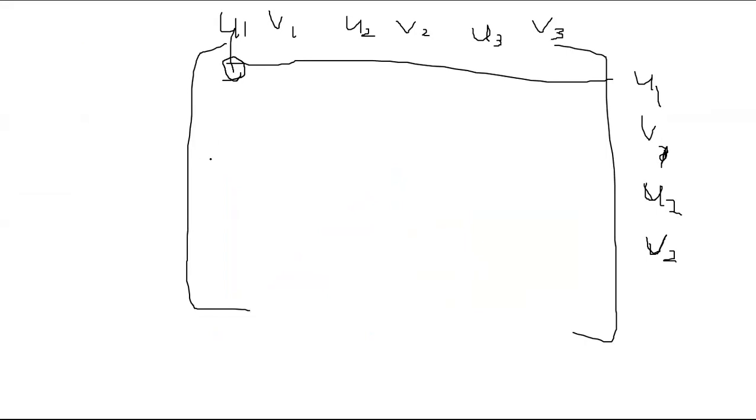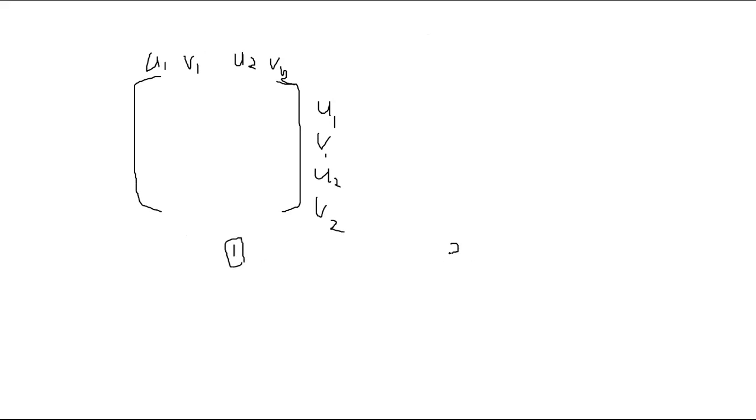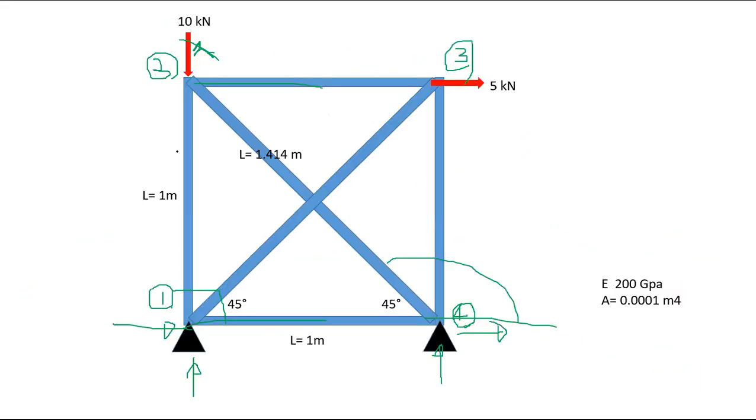So it's U1, right? At the first node, you have elements 1 and 3 connected, right? So element 1 is U1, V1, U2, V2. Element 1 is 1 to 2, okay.